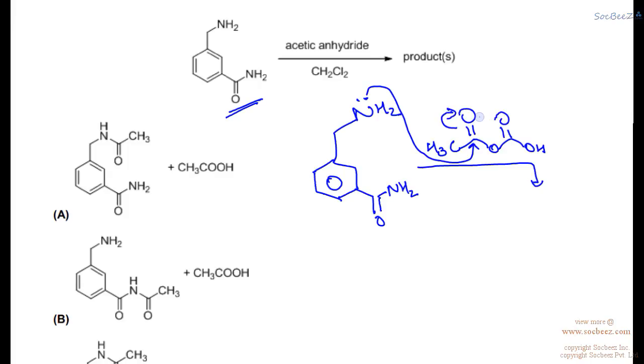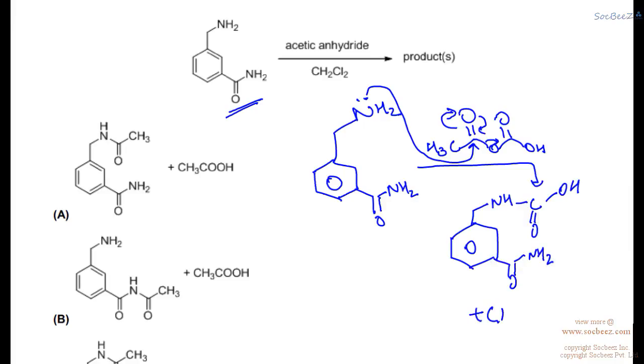This will go up, and again this will come back, and this group, that is acetic acid, will be chopped off from this, and hence the product formed will look something like this, plus acetic acid.